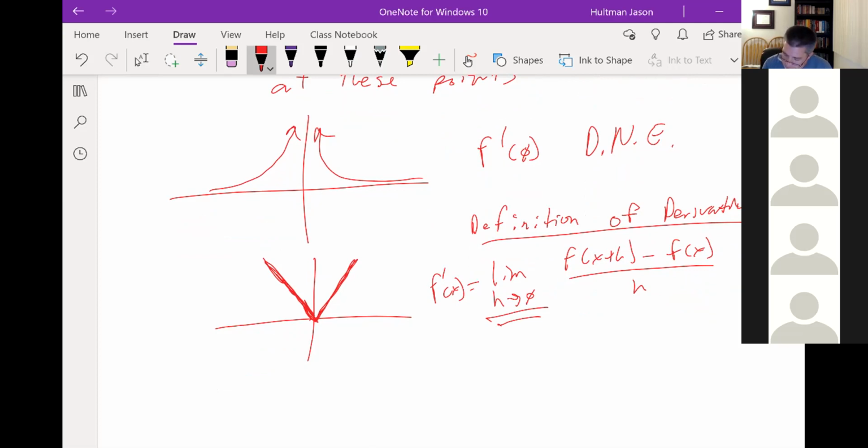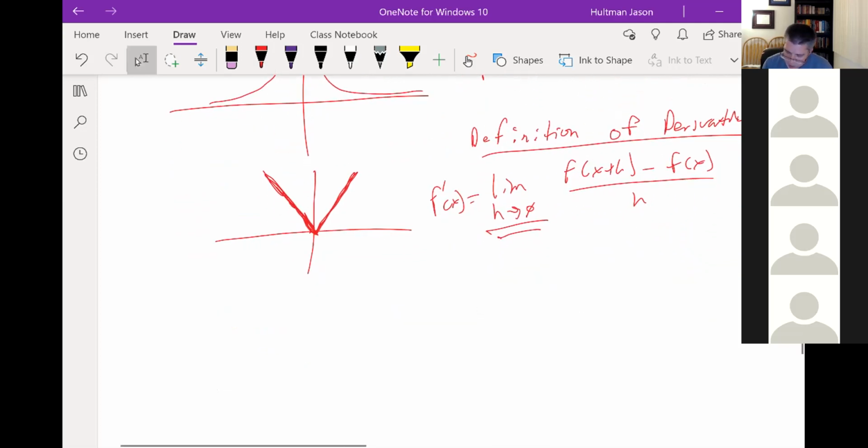But, here's the big but. Pun intended. How can I have a limit from the right be something? What's the slope of this curve on the right side? The slope here is 1. And what's the slope of the curve on the left side? The slope is -1.